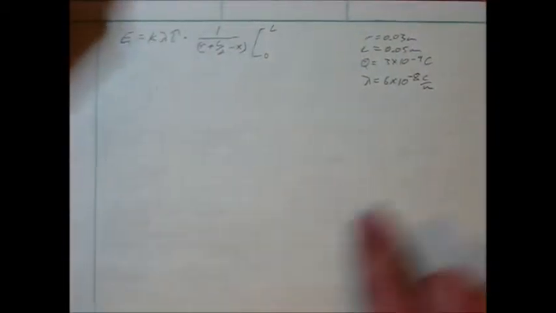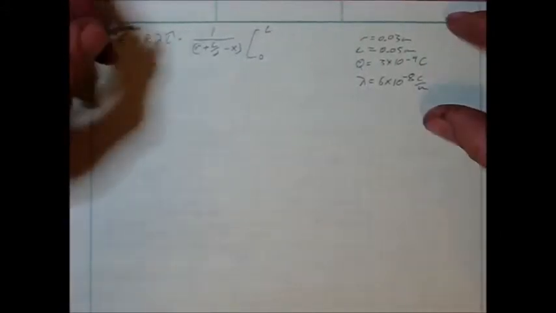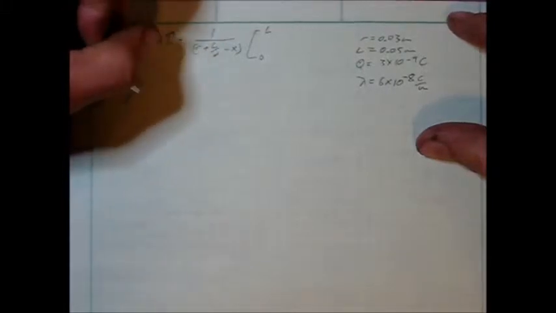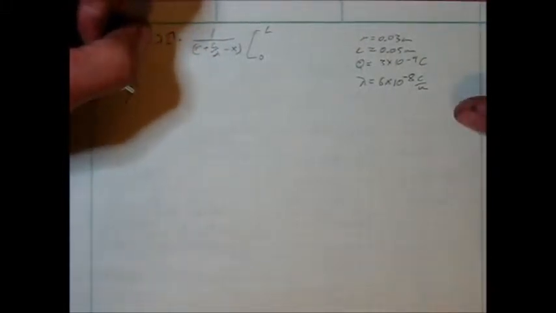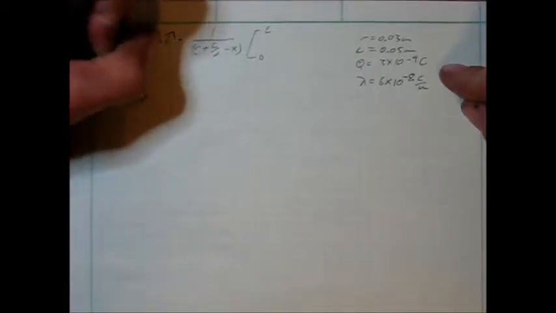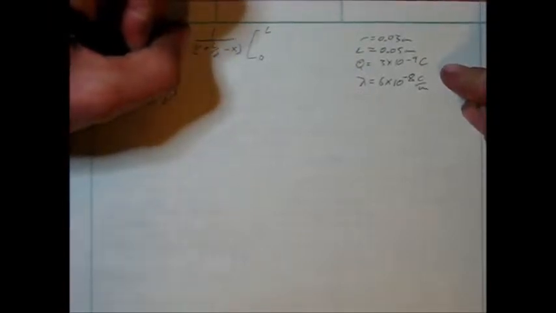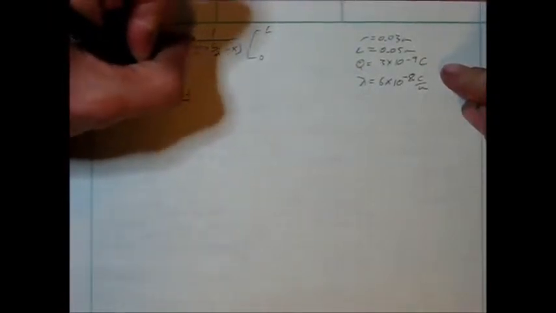Mark where the bottom of the page is. Okay, let's start plugging and chugging. That's all you have to do at this point. Let's see, k is, I'll just write it all out so we can keep track of units, and then I'm just going to tell you the number I came up with on my calculator. So 9 times 10 to the 9th, and remember our constant is newton meters squared over coulombs squared.